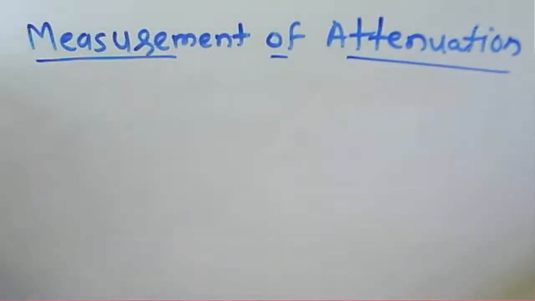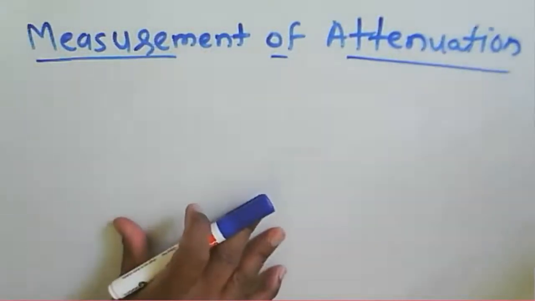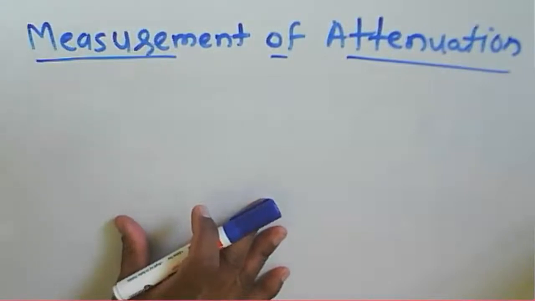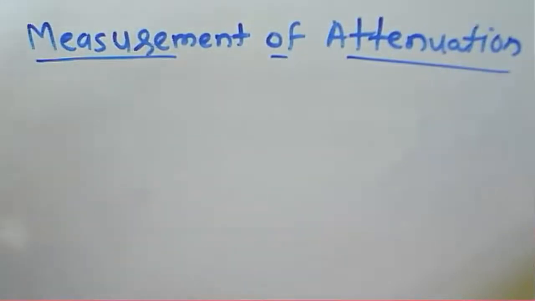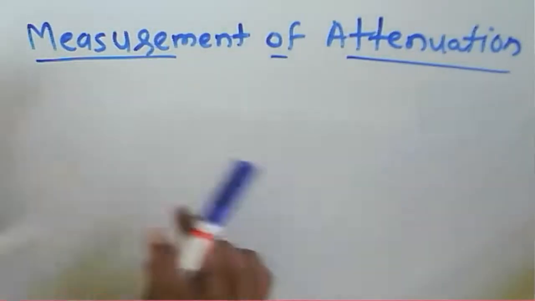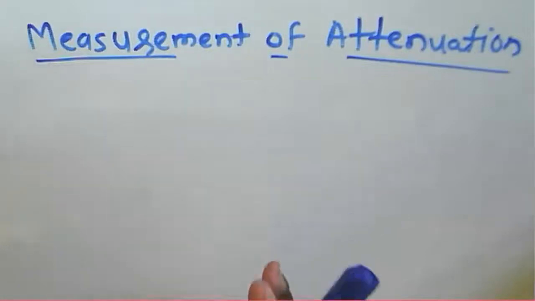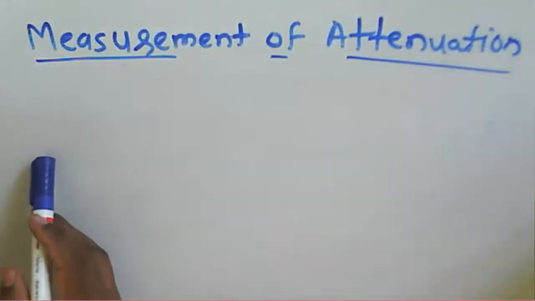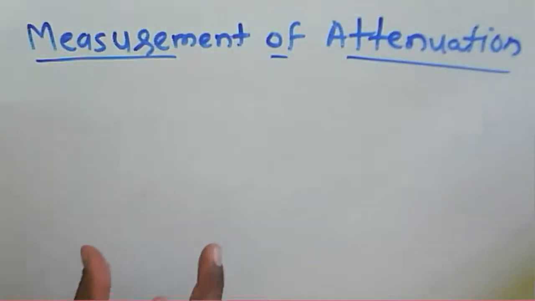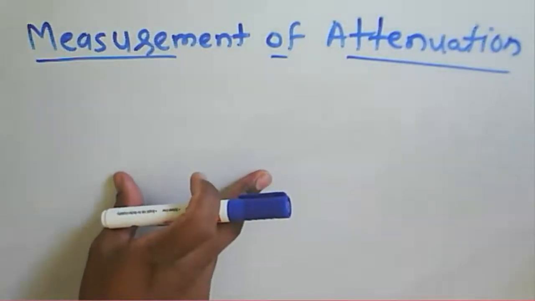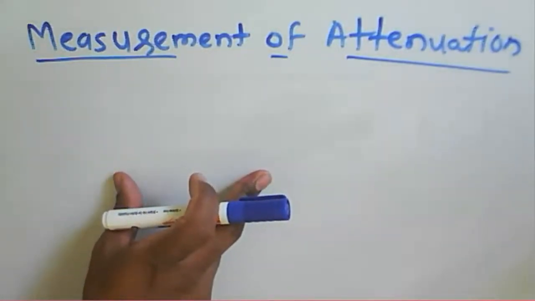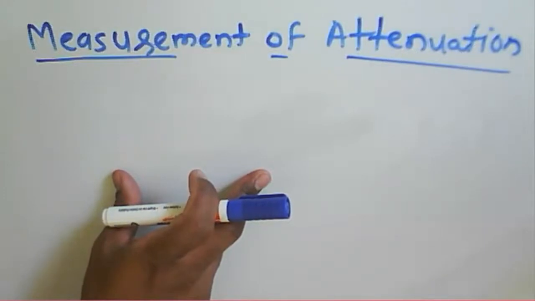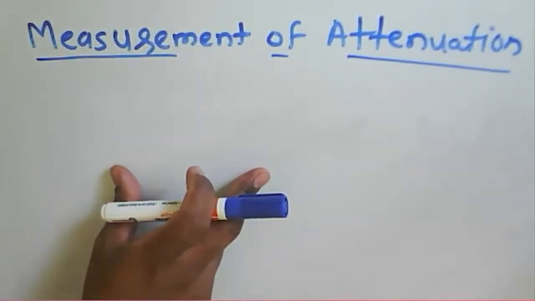In the measurement of attenuation, it is how much power is attenuated by the device under test. We can say that in a microwave bench, we insert a device, and because of the insertion of the device, we need to measure how much attenuation takes place because of that insertion. That is measured here.